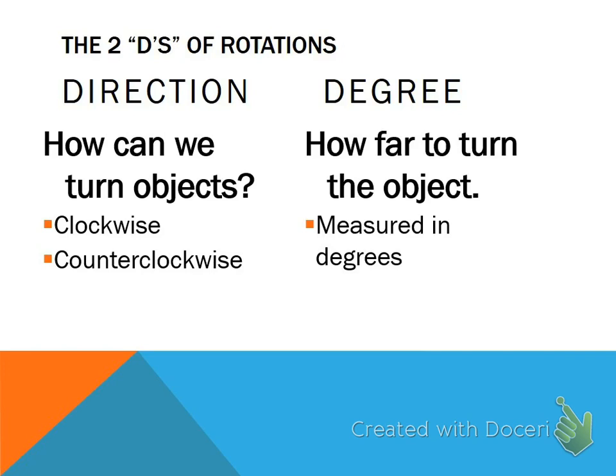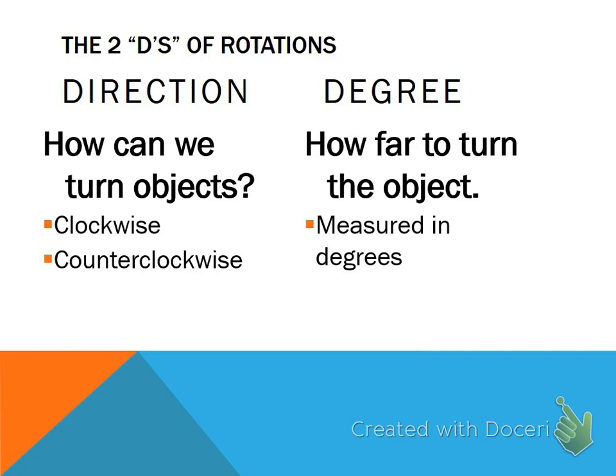So if you look towards the bottom of your notes, you'll see that at the bottom we're going to talk about rotating 90 degrees, 180 degrees counterclockwise, we'll also talk about doing those clockwise.